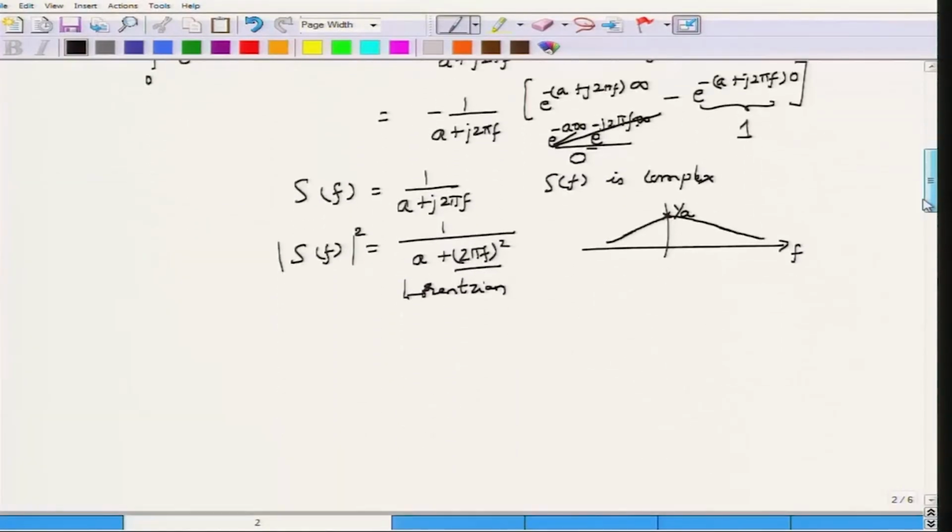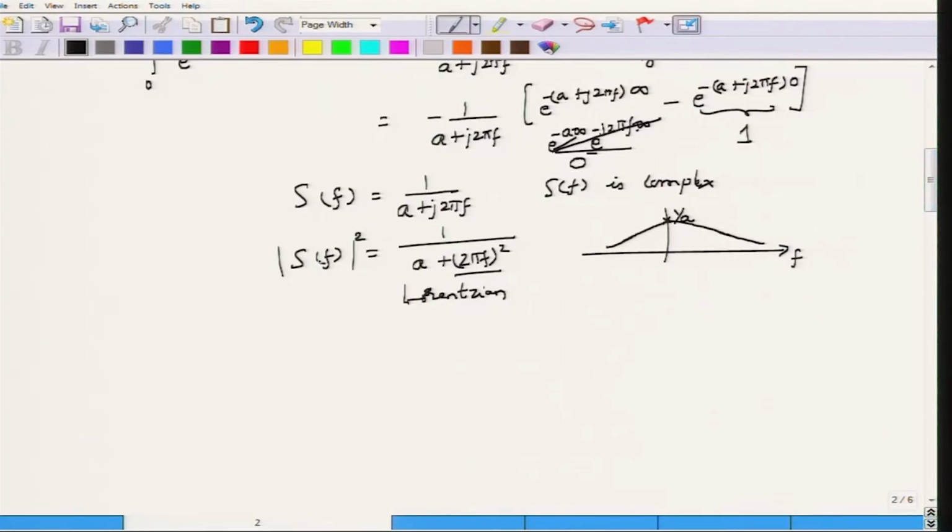What you have to get from this equation is that the magnitude of S of f is an even function, as you can very clearly see, it is an even function of f. But if you were to calculate the angle of S of f, you would see that this would be odd symmetric. Why?